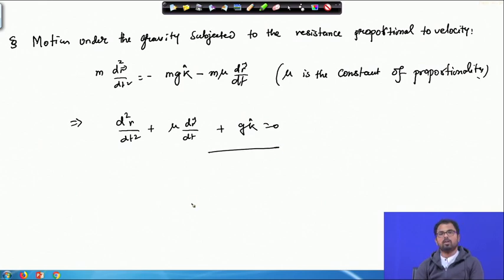So, this is your required vector equation, or ordinary vector differential equation, I would say, although there is no such thing. You can call it simply a differential equation, or let us say ordinary differential equation in terms of vectors, and from here you have to solve for this vector r.